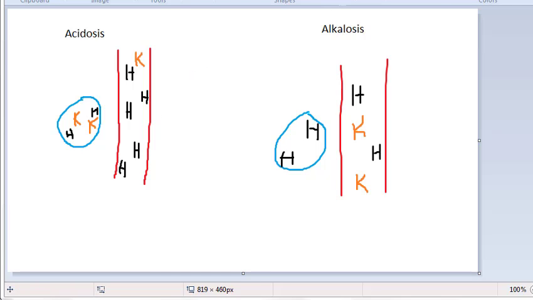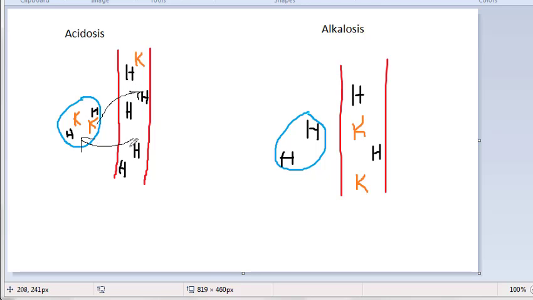So what then happens is the body tries to pull some of that hydrogen into the cell. When it pulls the hydrogen into the cell, the potassium, boop, gets kicked out.